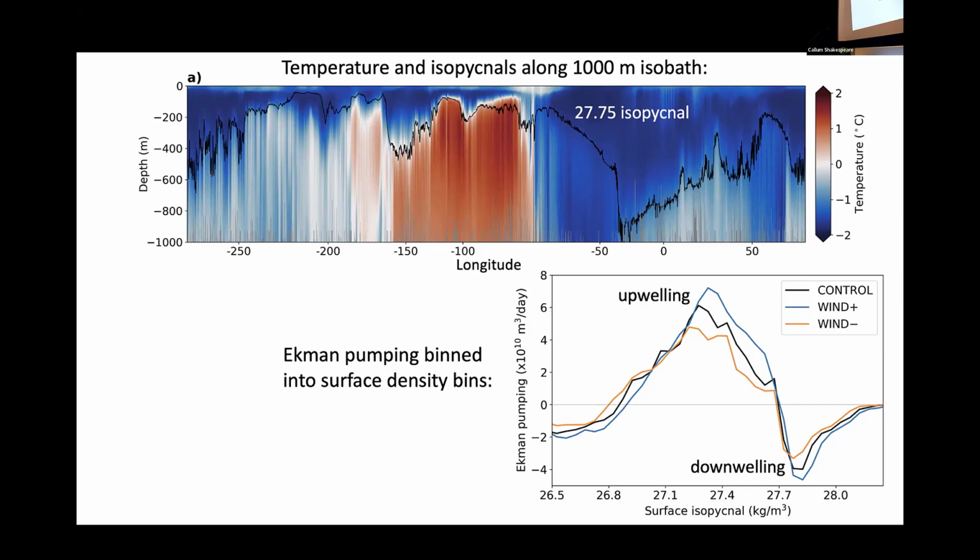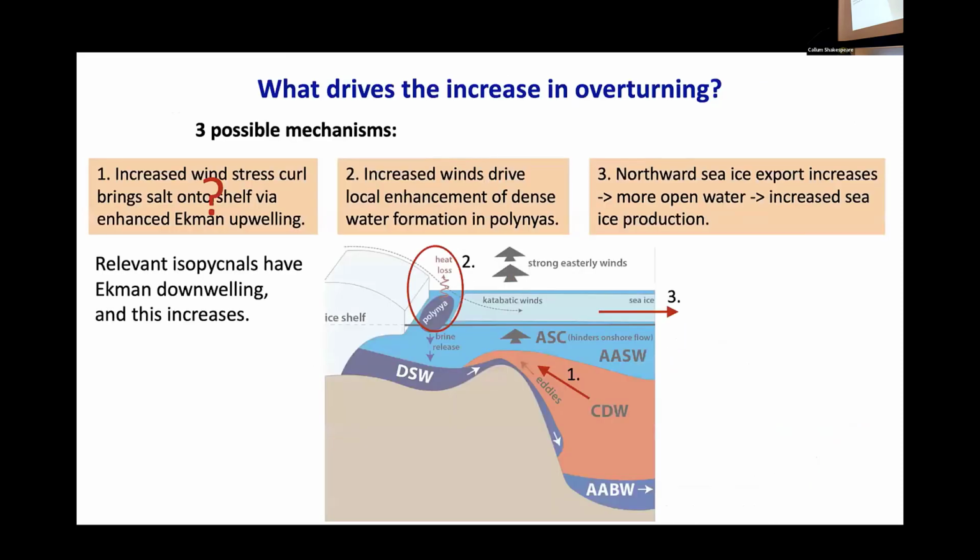And if we look at the relevant isopycnal here, which falls in around here, you'll see there's actually downwelling in those circumpolar deep water classes. And as we increase the winds, the blue, that downwelling actually increases. So this casts some doubt on this hypothesis that it's an increase in the wind stress and Ekman upwelling that's causing this increase in the overturning.